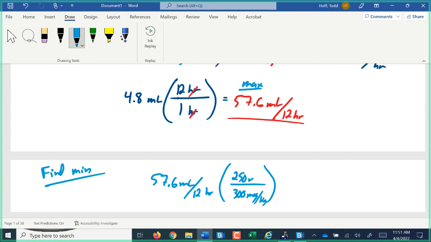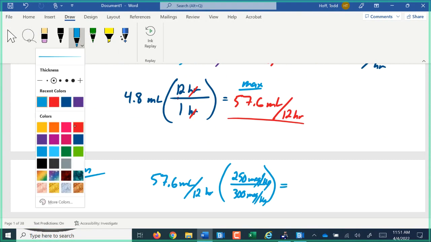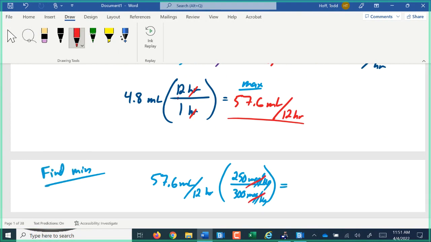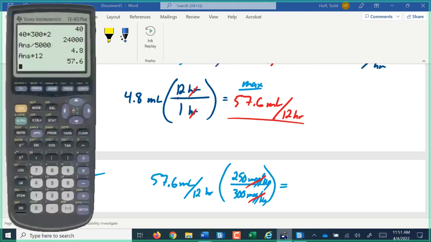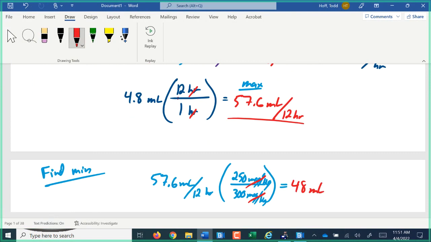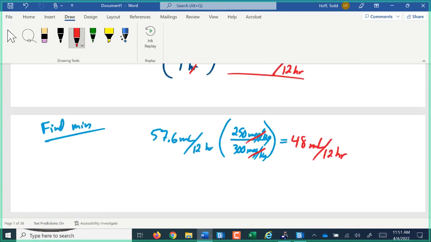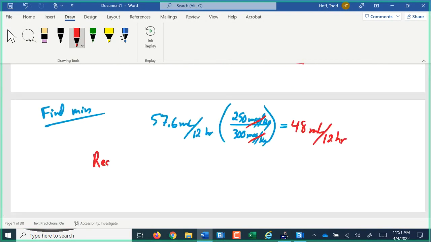For that 250 micrograms per kilogram, micrograms per kilogram cancel out. 57.6 times 250 divided by 300 gives 48 milliliters every 12 hours. So here we have the recommended range, 48 to 57.6 milliliters every 12 hours.